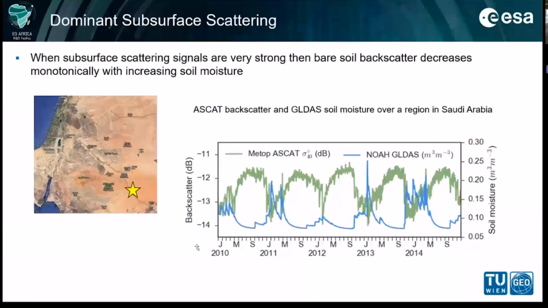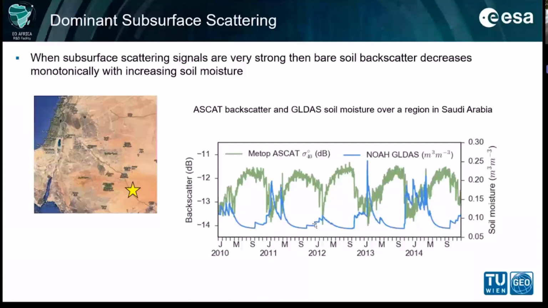Let me give you two examples. Here is an area situated within Saudi Arabia. That is more or less a dominant subsurface scattering area. You see here in blue model soil moisture data from the NOAA GLDAS dataset, the American data assimilation dataset, where you have a series of rainfall events wetting the soil.